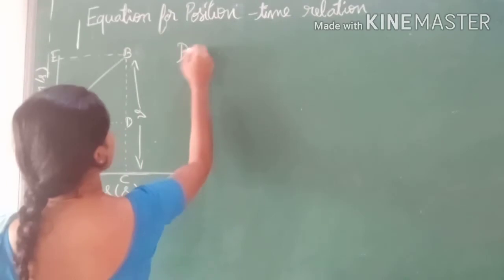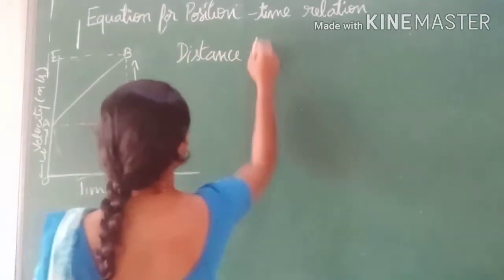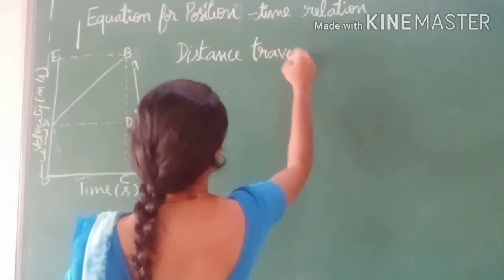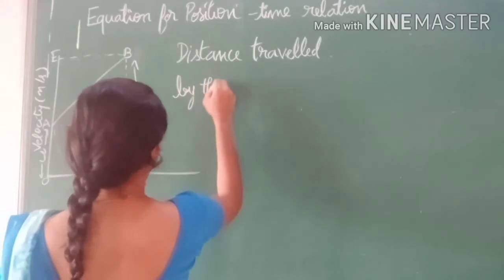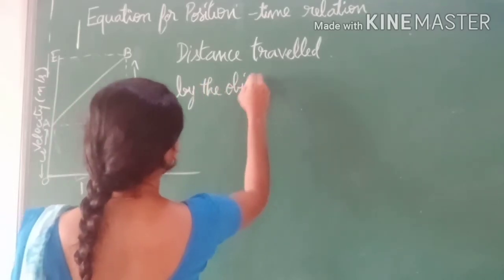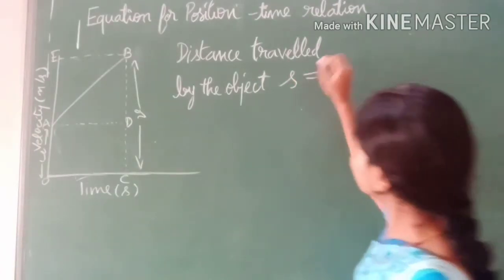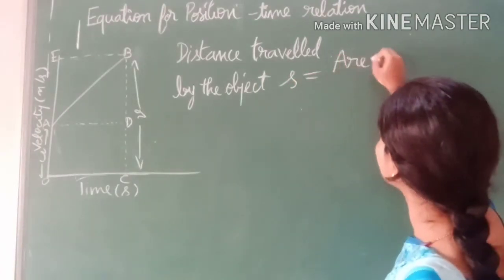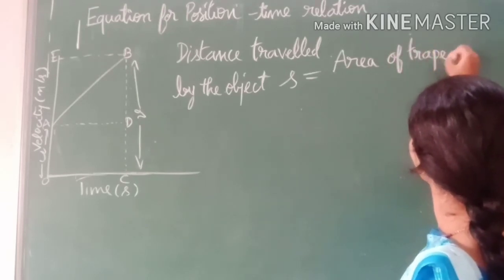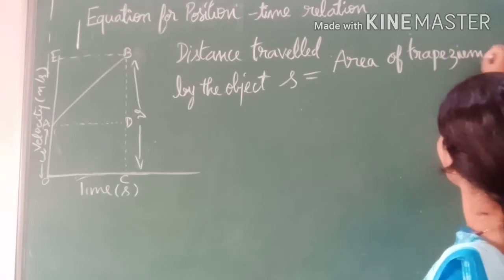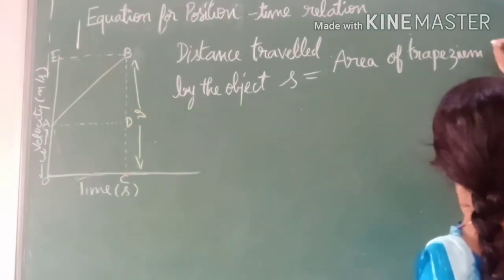So the distance traveled by the object is S. S is equal to the area of trapezium OABC.